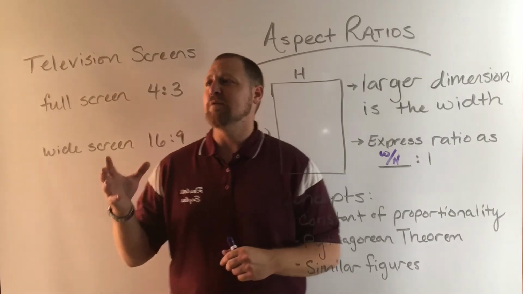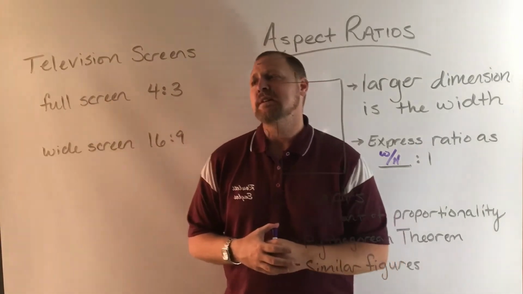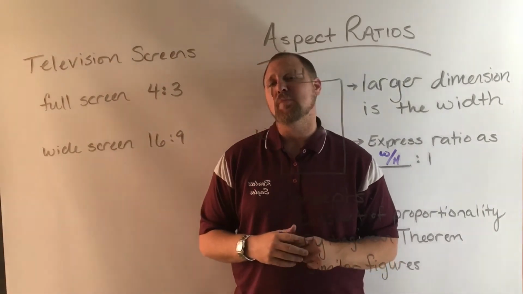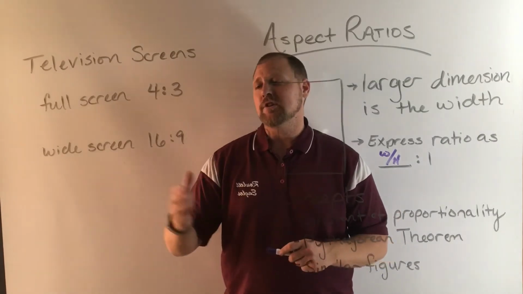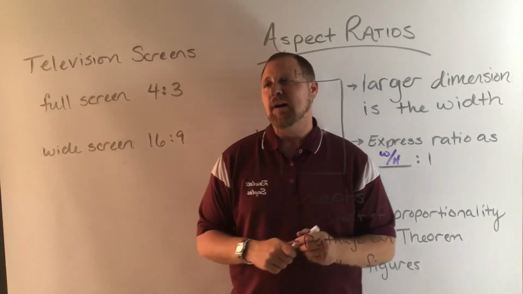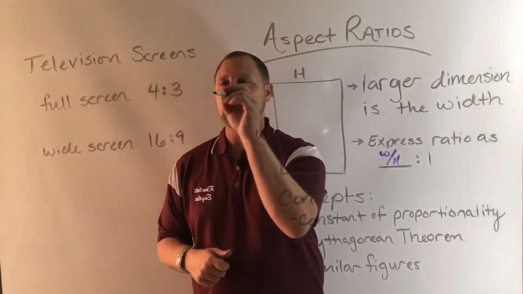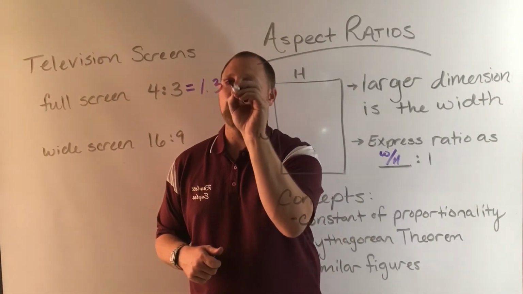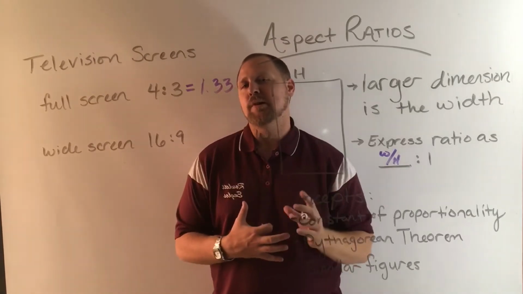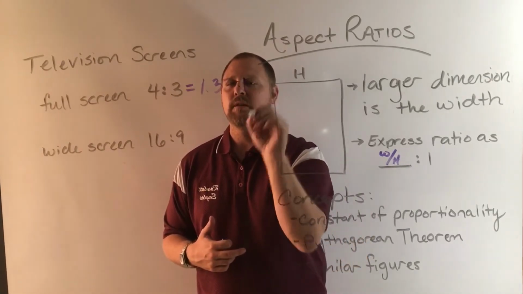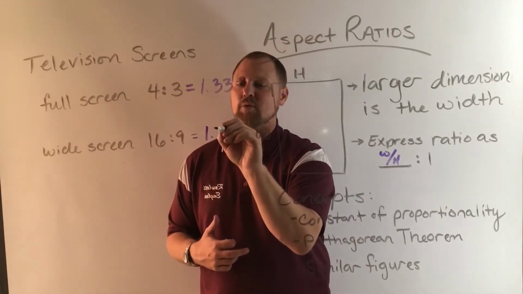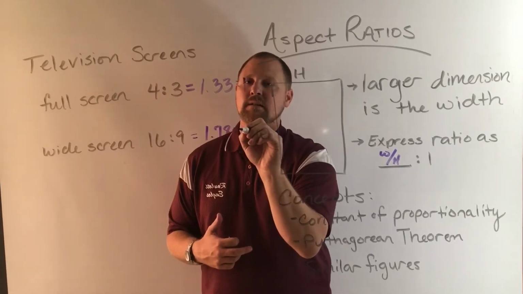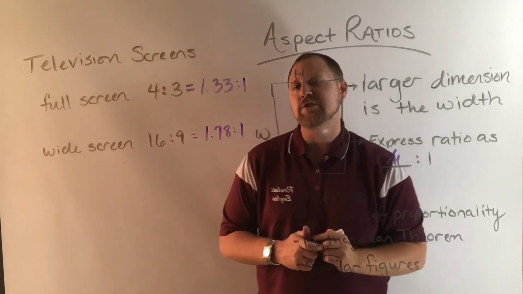And so if we talk about television screens, we have a full screen image that's 4x3 and a widescreen image that's 16x9. If I was to simplify these down to 1, 4 to 3 would be a 1.33, and the 3 repeats, ratio to 1. And then the 16x9 would be a 1.78 to 1 aspect ratio.